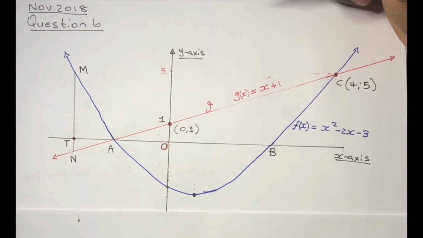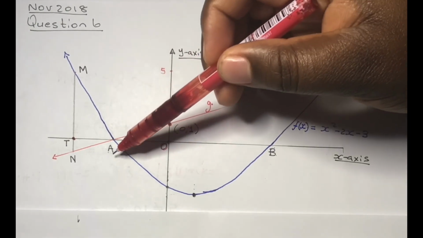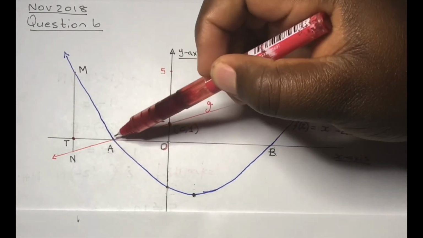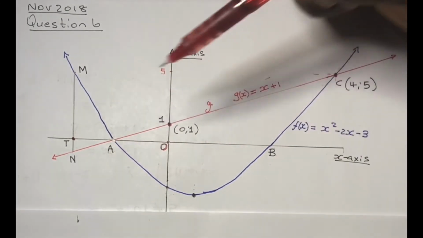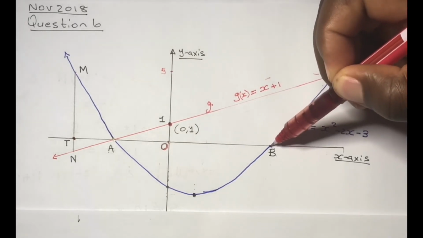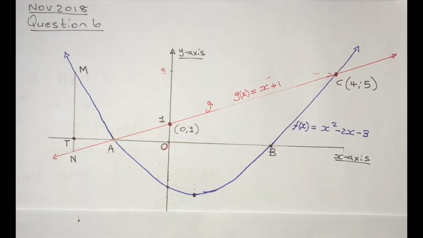I don't think there's anything that I've missed so far. And in terms of the letters, we know this is A, which is that point, and this is B, which is that point. So I think this is all the information that we need to know in order for us to be able to tackle any question related to this graph.